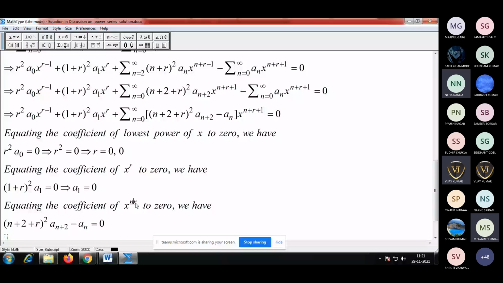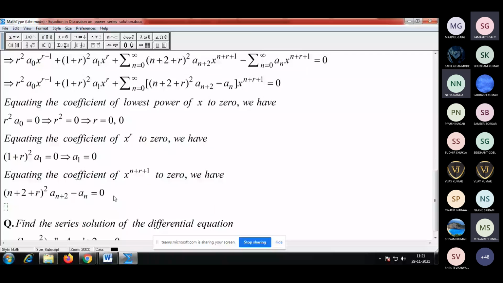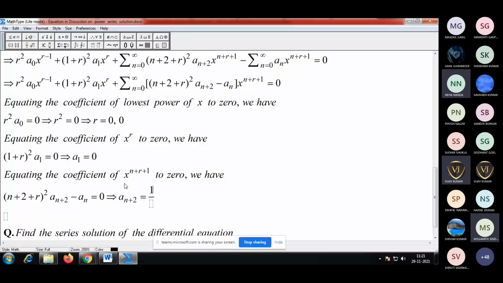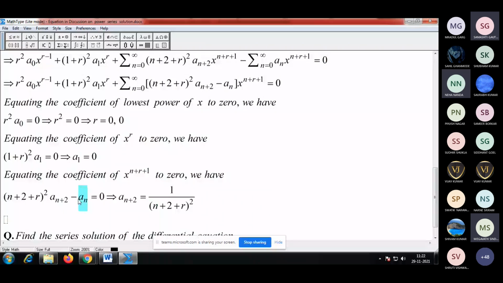So this implies the value of a(n+2) will come equal to 1 divided by this one, where n varies from 0, 1, 2, and so on.